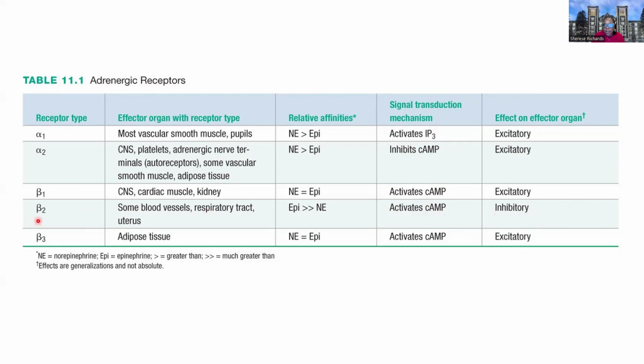Example, beta-2 receptors we mentioned on the respiratory tract, they activate cyclic AMP, but that ends up being an inhibitory response when we look at the tissue level. Alternatively, alpha-2 receptors inhibit cyclic AMP, and that winds up being an excitatory response on these specific tissues. Example, contraction of vascular smooth muscle. So different response happening at the cellular level versus what's happening on the tissue level. Okay.